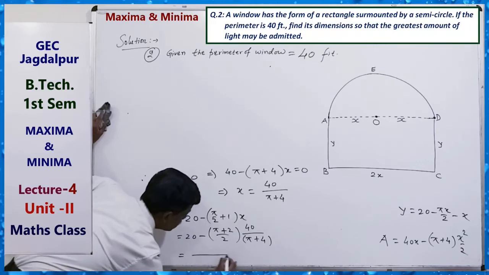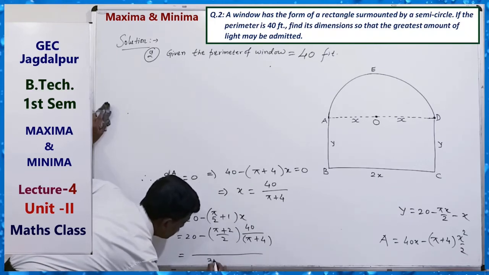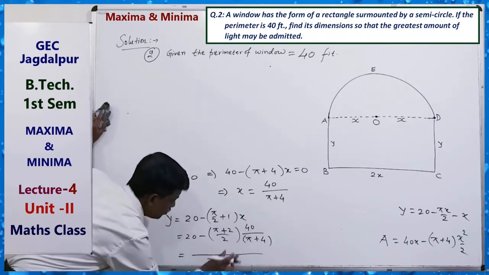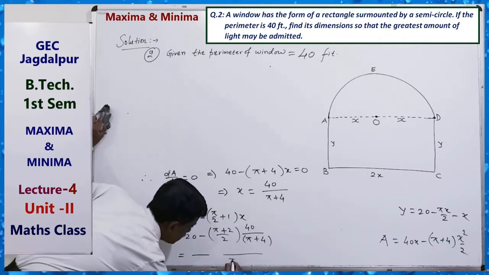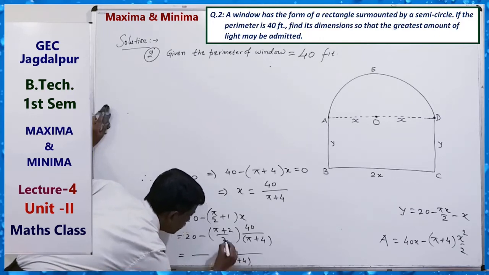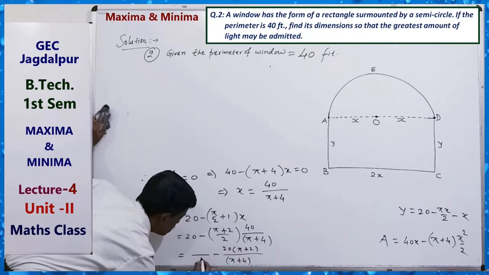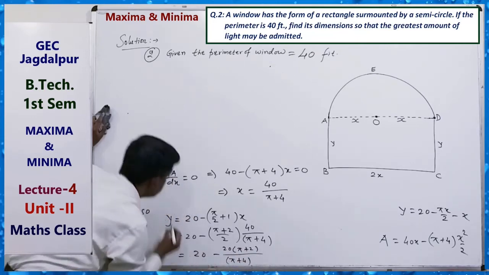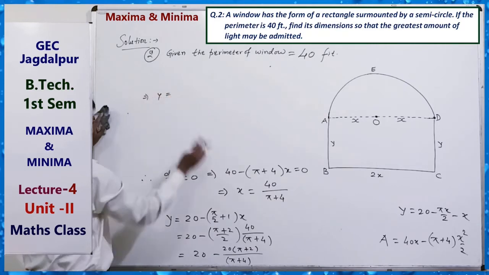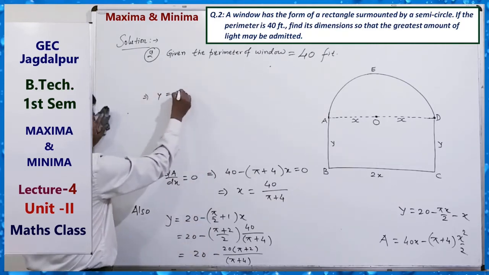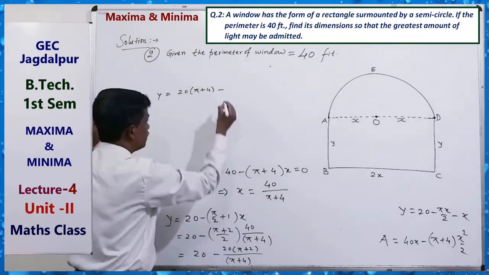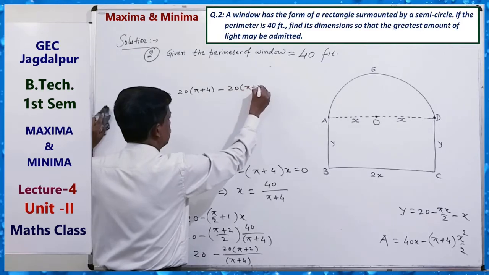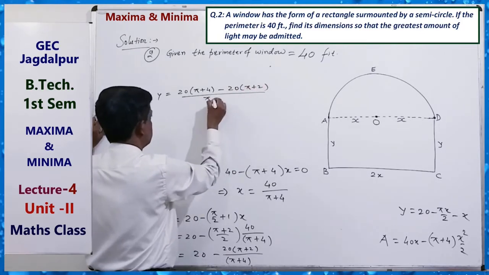Taking LCM, we can write y equals 20 times (pi plus 4) minus 20 times (pi plus 2), upon pi plus 4.